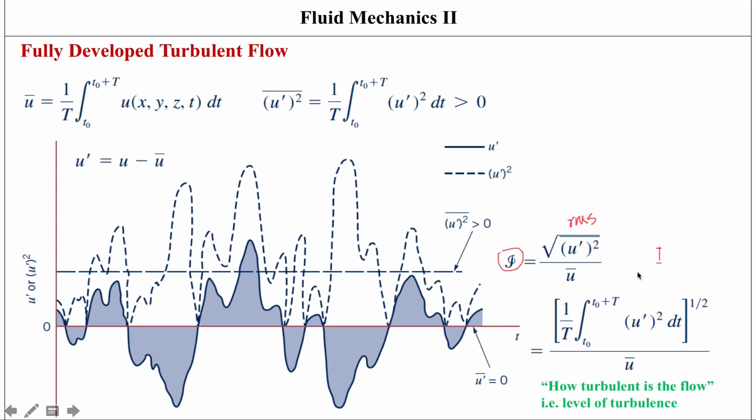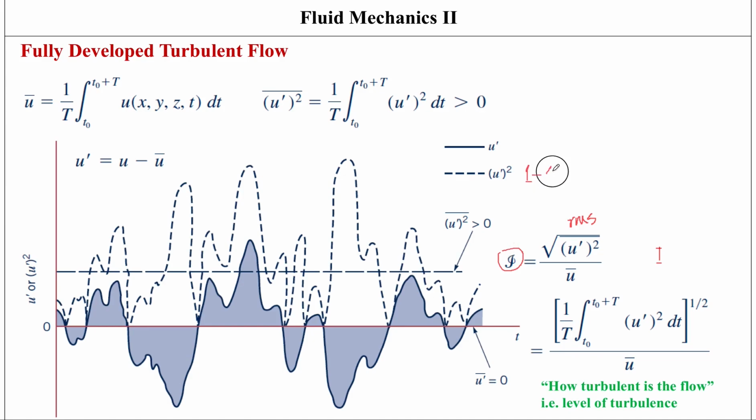So turbulence intensity is the variable that we need in order to identify how turbulent our flow is, in order to identify the level of turbulence of our flow. And usually this is somewhere between 1 to 10%. This is in the form of percentage, okay?